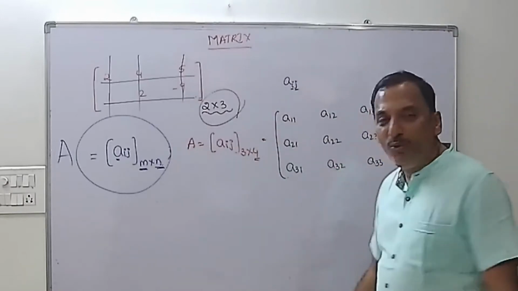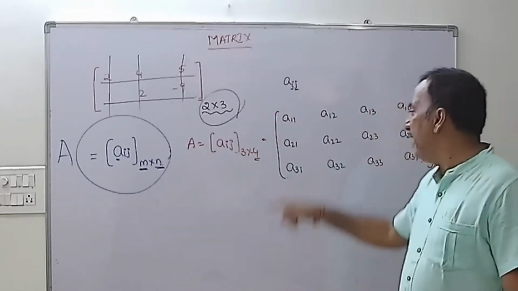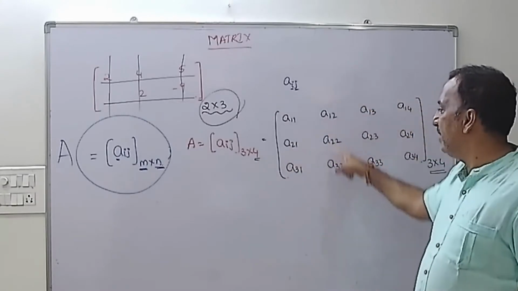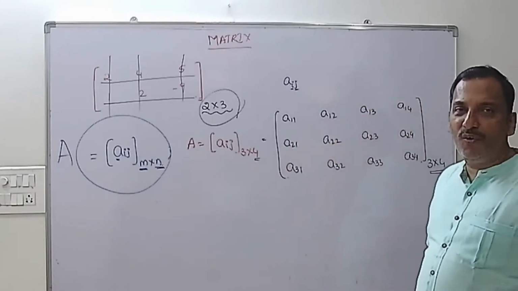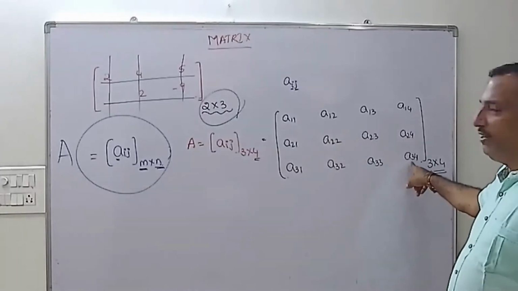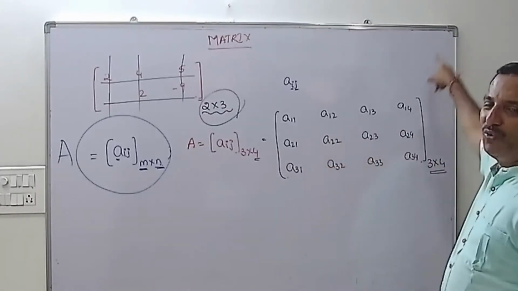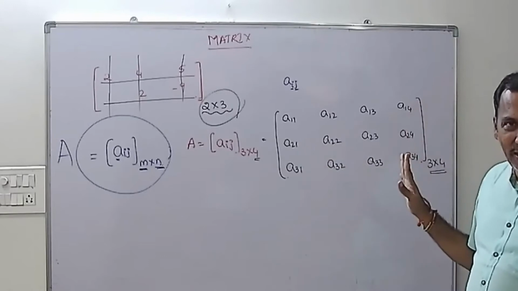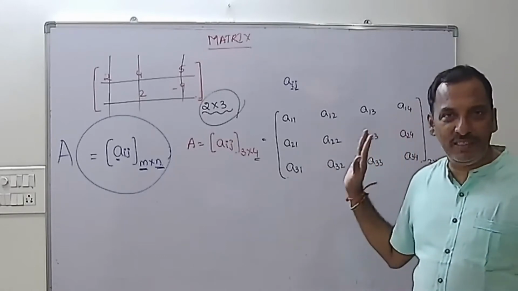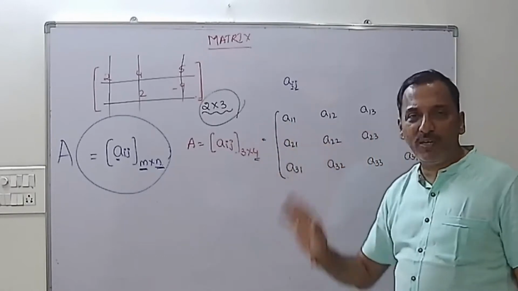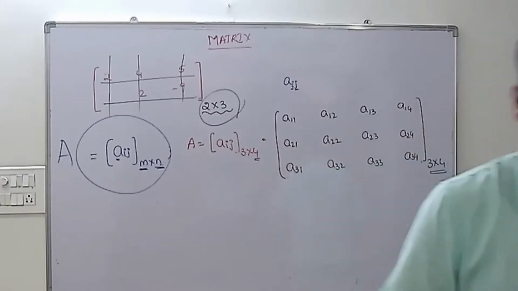A22 సెకండ్ రో, సెకండ్ కాలం. A34 థర్డ్ రోలో, ఫోర్త్ కాలంలో ఉంటుంది. ఇట్ ఈజ్ జస్ట్ జనరల్ రిప్రజెంటేషన్. వీటి మీద ఒక 4-5 ప్రాబ్లమ్స్ చేస్తాం, అప్పుడు అర్థమవుతుంది.